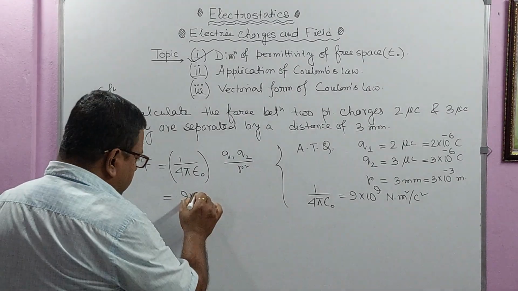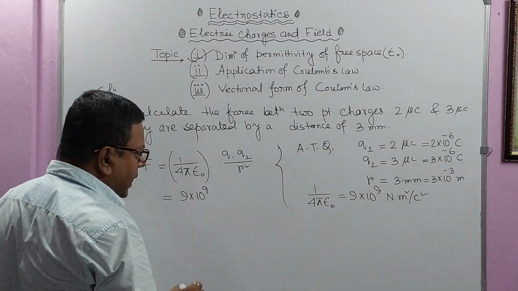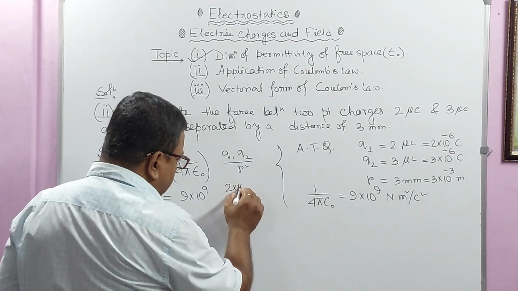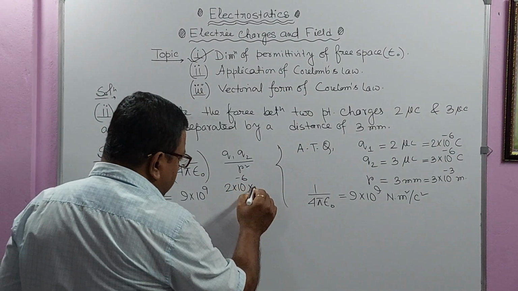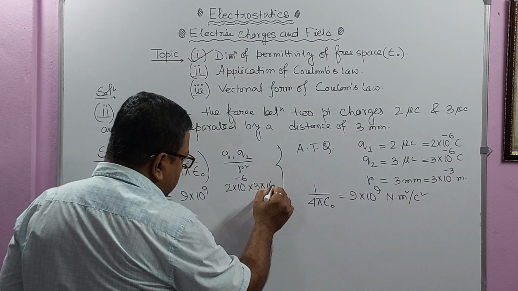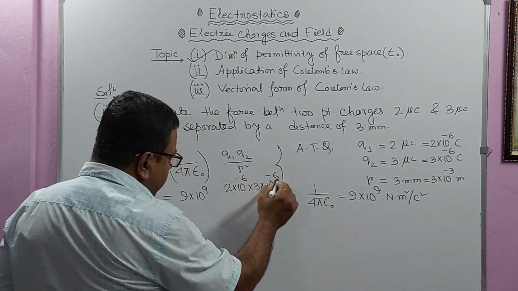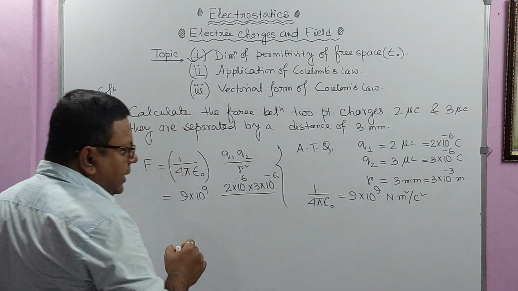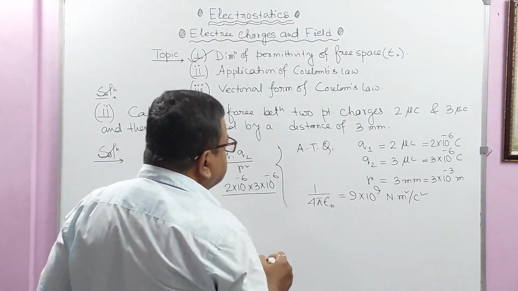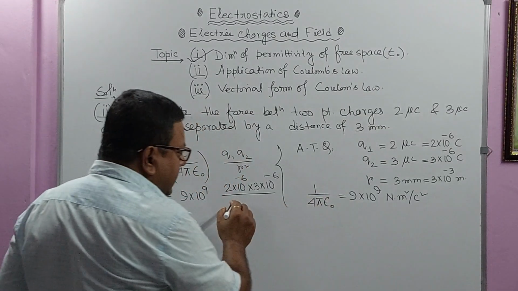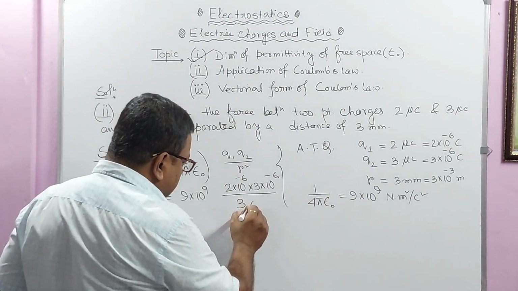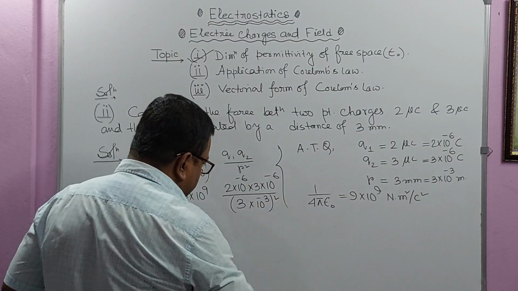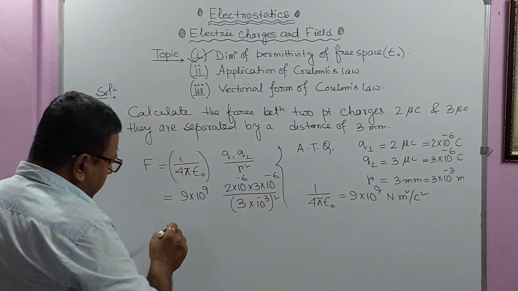So 9 into 10 to the power 9, Q1 is 2 into 10 to the power minus 6, Q2 is 3 into 10 to the power minus 6. So it becomes 10 to the power minus 12 and 3 times 2 is 6. Here we will write 3 into 10 to the power minus 3 whole square. Okay.